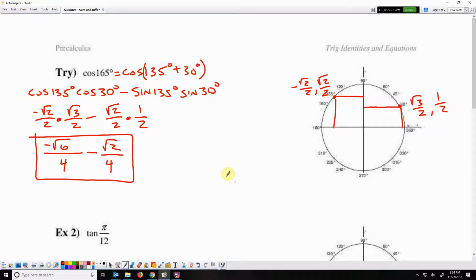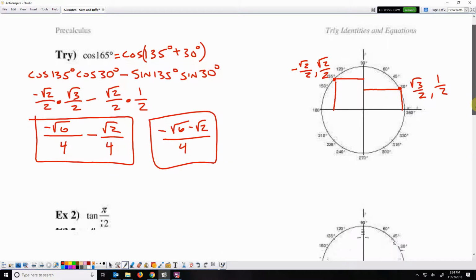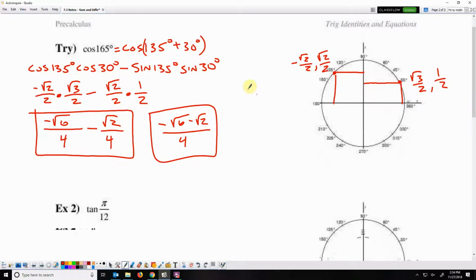Okay, and again, I can write that as negative root 6 minus root 2 all over 4. I can have that backwards, negative root 2 minus root 6 over 4. Now these are not the only two numbers that I could possibly have used, but whatever numbers I used should simplify to an equivalent of this answer.